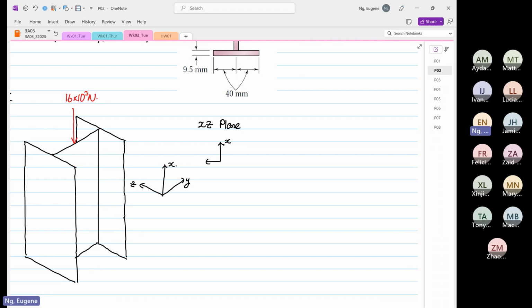This is my X, this is my Z, and this will be my rotation about Y. When I sketch this out, this is how the structure will look.